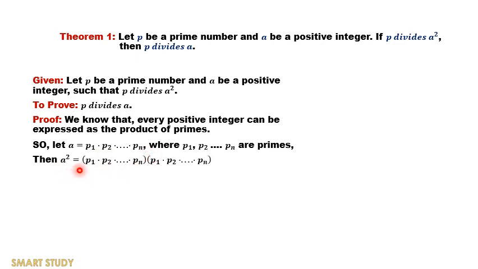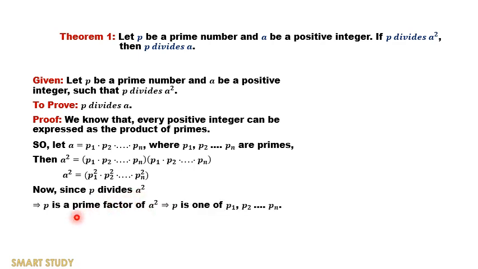So then a square equal to p1 into p2 into so on pn and into p1 into p2 into pn. So here a square equal to p1 square, p2 square and so on pn square. So since p divides a square, it's a given thing, then p is a prime factor of a square and p is one of p1, p2 and pn.